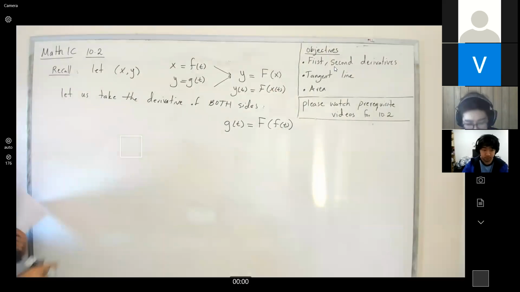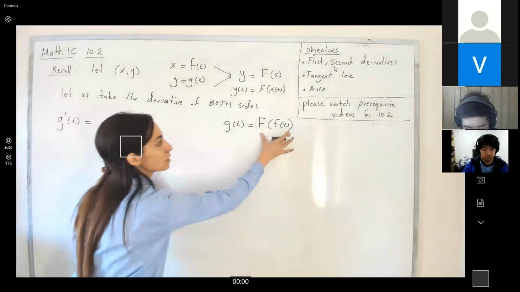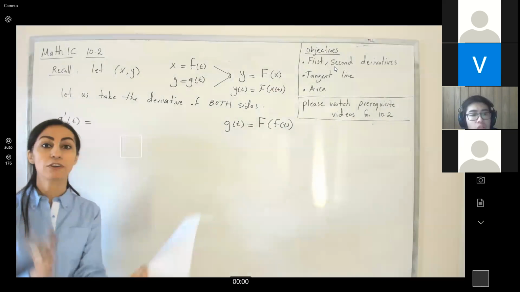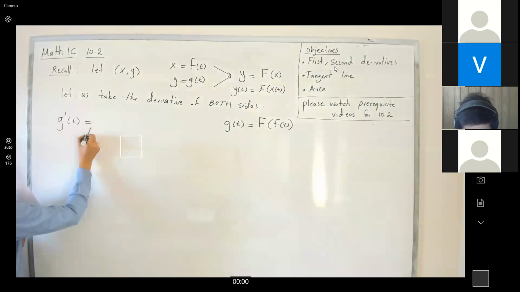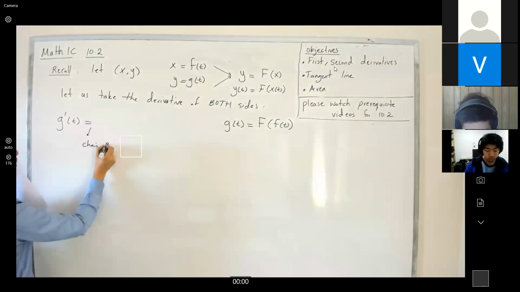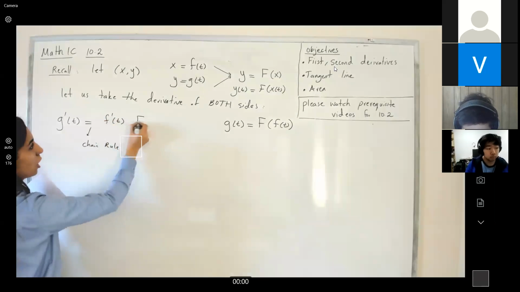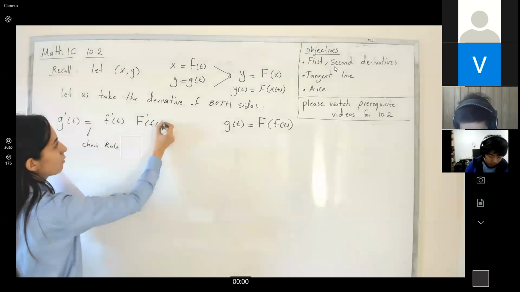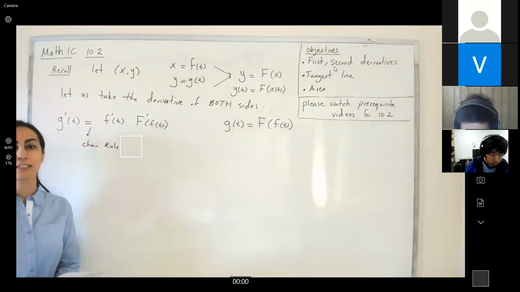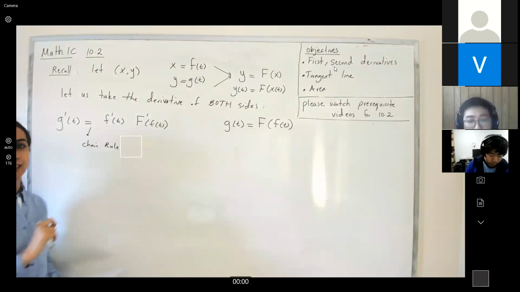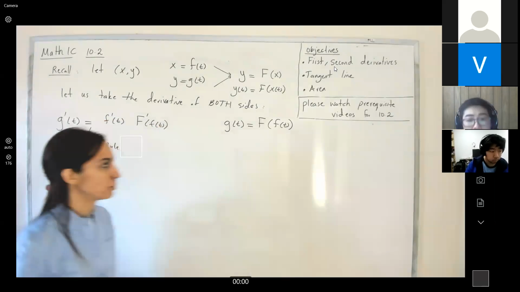So the derivative on the left-hand side is going to be g prime of t. The derivative on the right-hand side, remember that we have to use the chain rule. The chain rule gives you f prime of x times x prime of t. Now I'm going to divide both sides by x prime of t to find the relation between f prime and g prime and x prime.